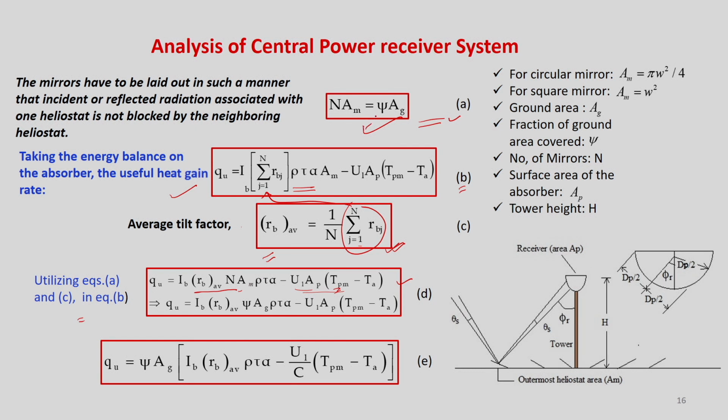We can use this expression: n into am is xi into ag. So we can substitute here and modify this expression to something like this.